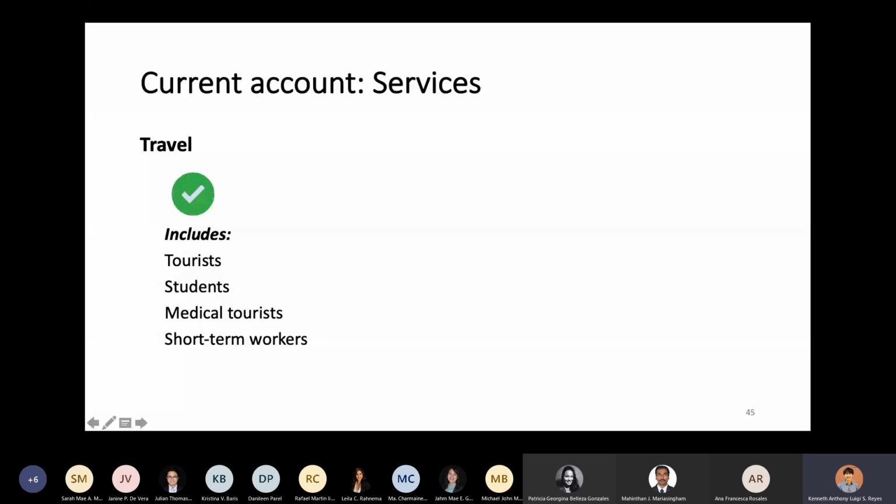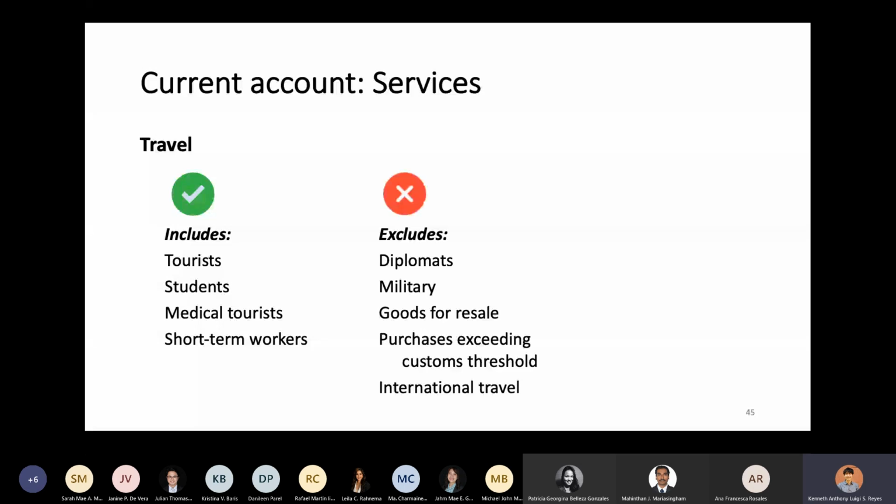Both include tourists, of course, but the BOP also includes students, medical tourists, and short-term workers. Even if these stay in the territory for more than a year, as long as they are non-residents, they will be counted in the BOP. On the other hand, travel expenses exclude these categories.